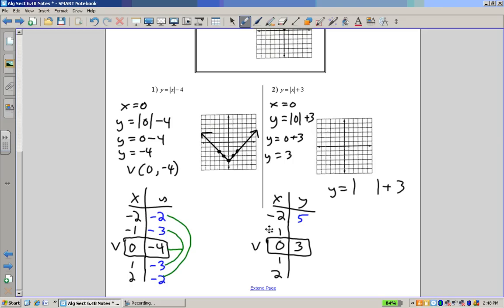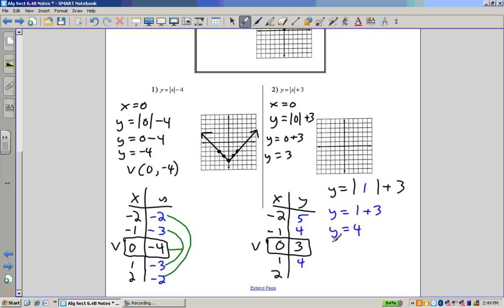Let's try it again. We'll plug in a negative 1. Negative 1 is 1 unit away from 0 on the number line. 1 plus 3 is 4. Alrighty, we're going to plug in 1. The absolute value of 1 is 1 because it's 1 unit away from 0 on the number line.